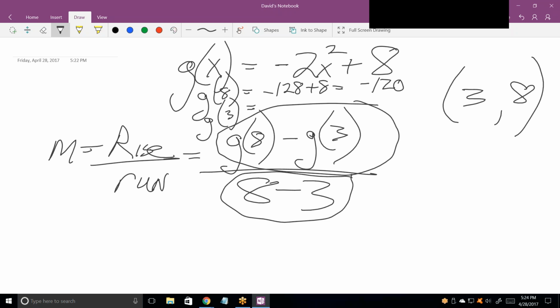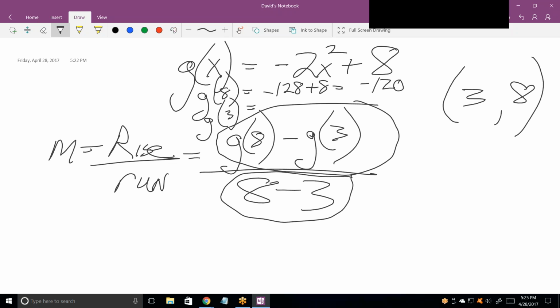Right, so negative 120. You see why it's minus 128? Yeah, because of the negative 2. That negative's not being squared, only the x is being squared. The x is 8, so 8 squared is 64, multiplied by minus 2 is minus 128.